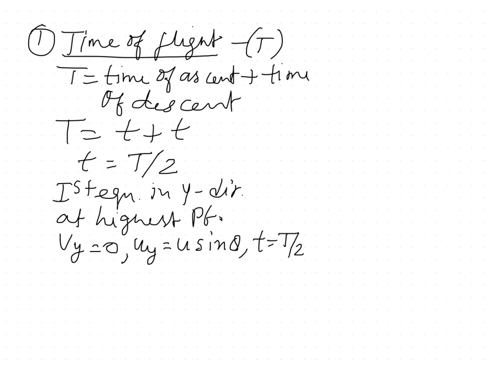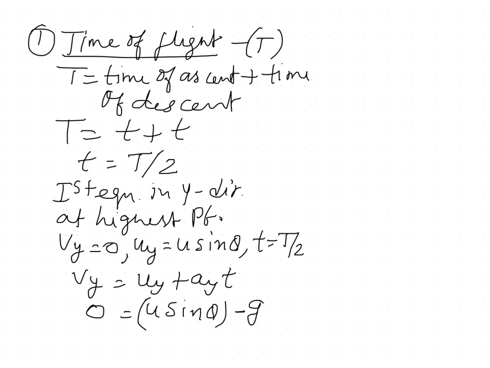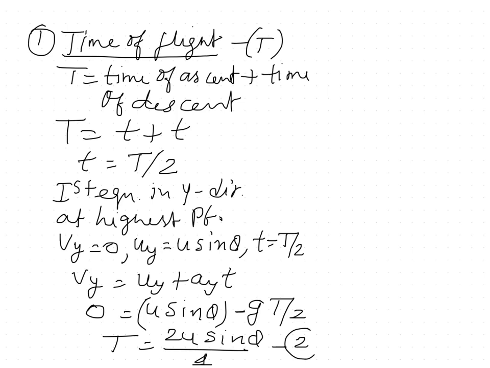So putting these in the first equation of motion, vy equal to uy plus ay into t, vy becomes 0, uy equals u sin theta, and ay equals minus g, the acceleration along y direction, and that is equal to T by 2. On solving we get T equal to 2u sin theta upon g. So that is the equation of time of flight. Time of flight depends upon initial velocity and angle of projection of the object.